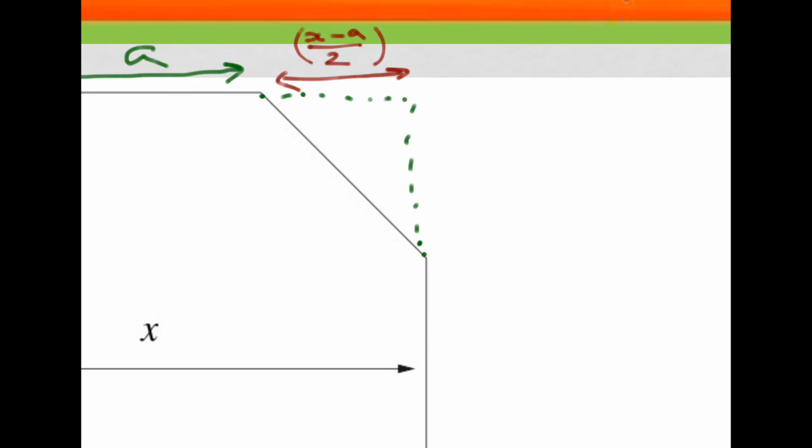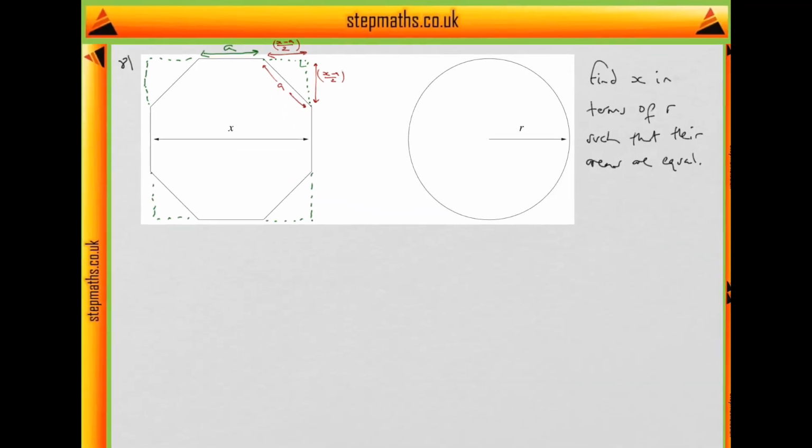And by symmetry, we see clearly that this length is also (x minus a) over 2. And then we have that this is of length a, and we have a right angle here. Then by Pythagoras' theorem, a squared is equal to ((x minus a) over 2) squared plus ((x minus a) over 2) squared.